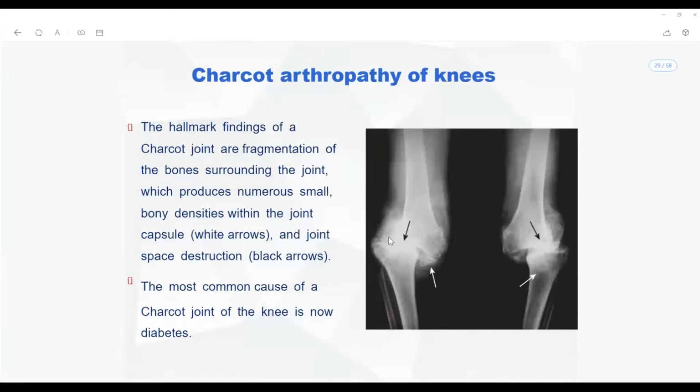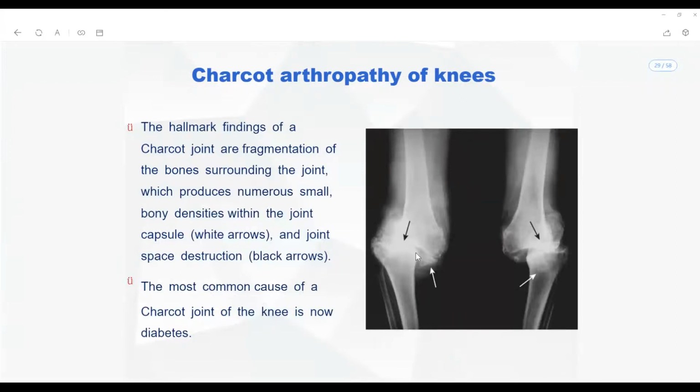Can you also see that the complete articular surface of the knee joint is lost? The medial surface is actually trying to articulate with the lateral. The lateral epicondyle is going to articulate with the medial condyle here.